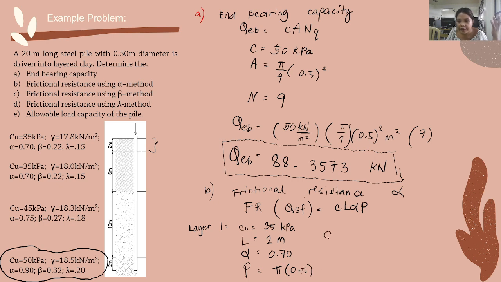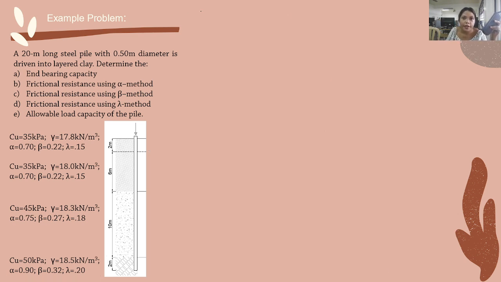So for layer 1, Qsf1 is equal to 35 by 2 by 0.7 by 0.5 pi. In terms of pi, that is 49 over 2 pi. So that is Qsf1.